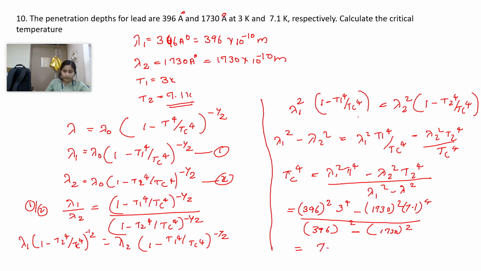Then finally you will get the answer 7.193 Kelvin. So it is a little bit lengthy problem, just a rearrangement of the formula. Then you can find the answer for it.